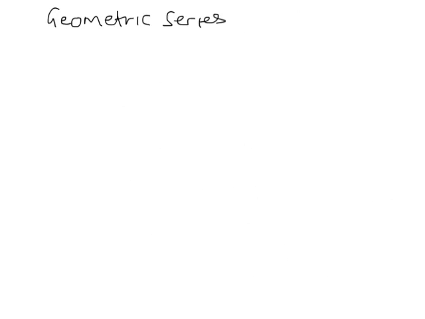Okay, so you should remember the definition of a series. A geometric series is the sum of the terms of a geometric sequence. So the sum of the first n terms of a geometric series is going to be the first term plus the second term plus the third term.